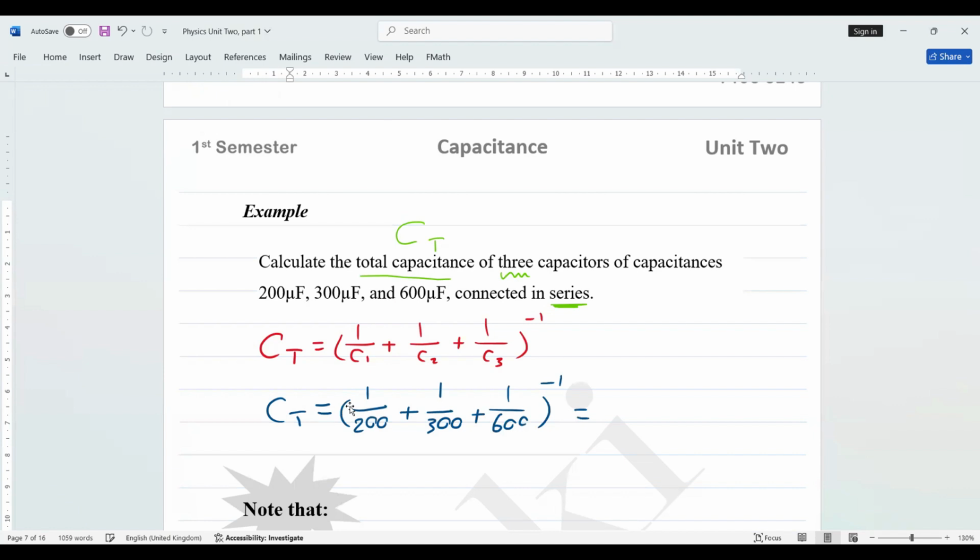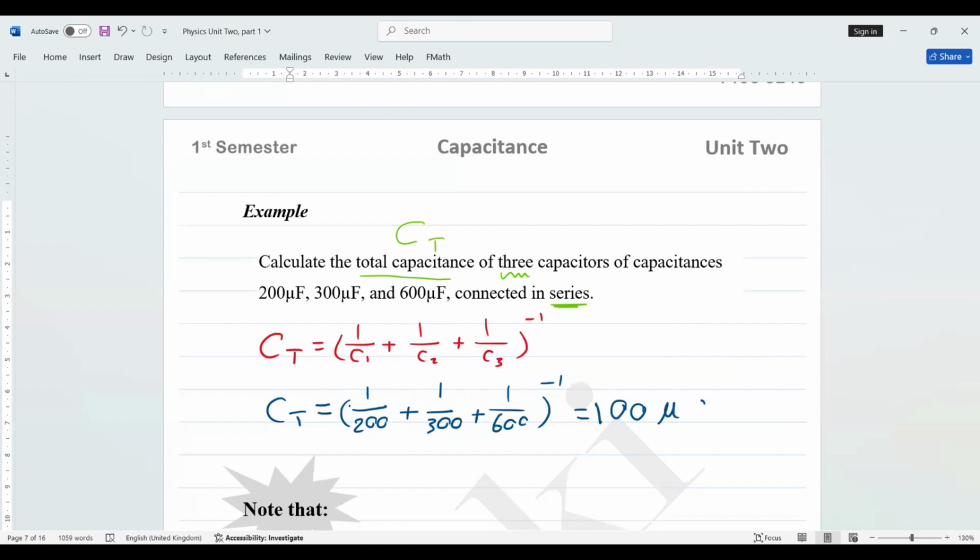Now we use the calculator: bracket, fraction 1 over 200 plus fraction 1 over 300 plus fraction 1 over 600, close the bracket, all power negative 1. The answer is 100. 100 what? Microfarad. So the answer is 100 microfarad.